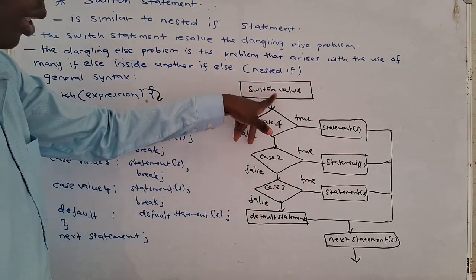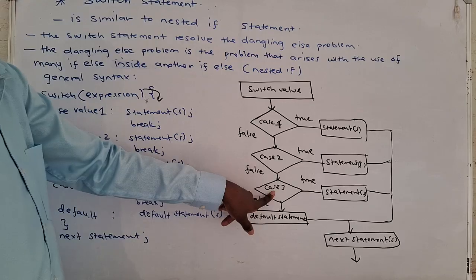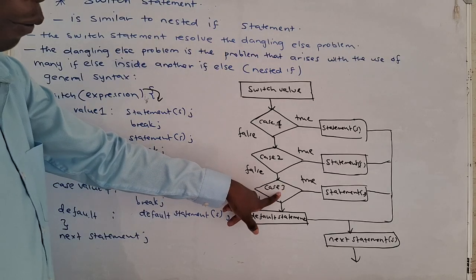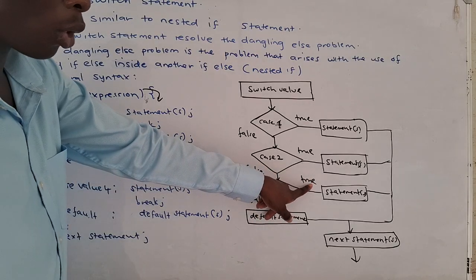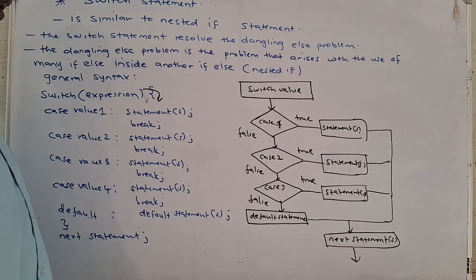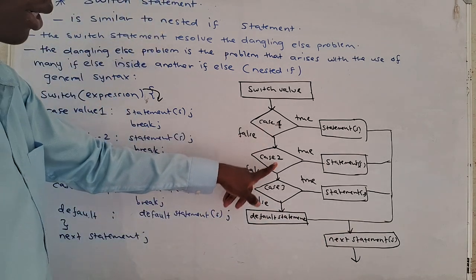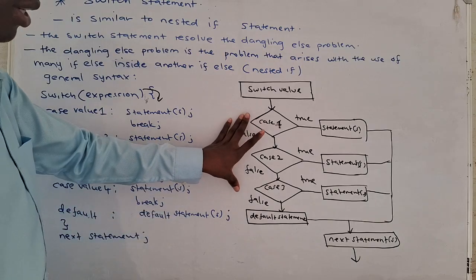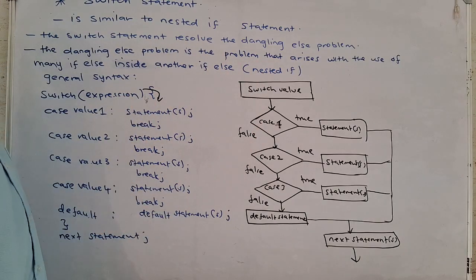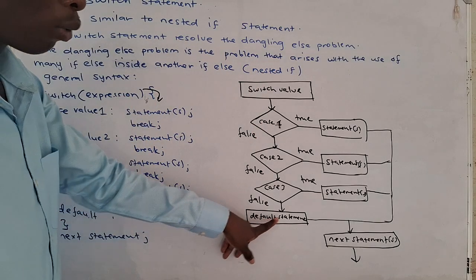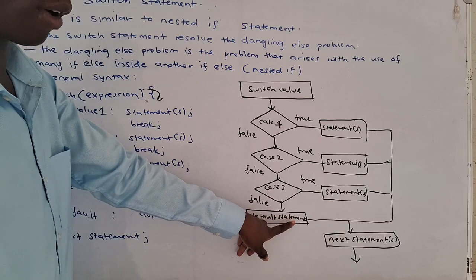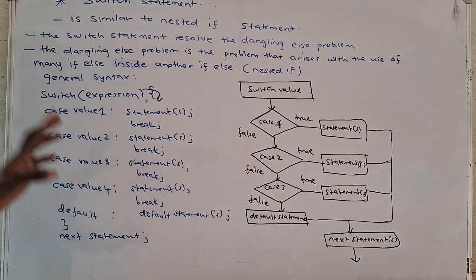If not, case number 3 is checked. If this is true, these statements are executed, followed by the next statement. Suppose cases 1, 2, and 3 are not matching with the switch value. The default statements are going to be executed, followed by the next statement.